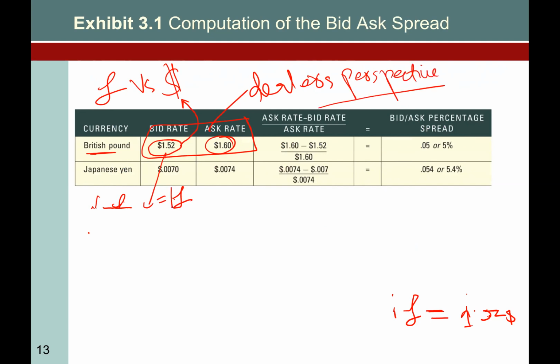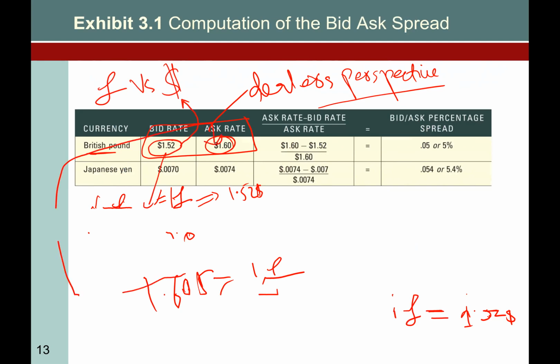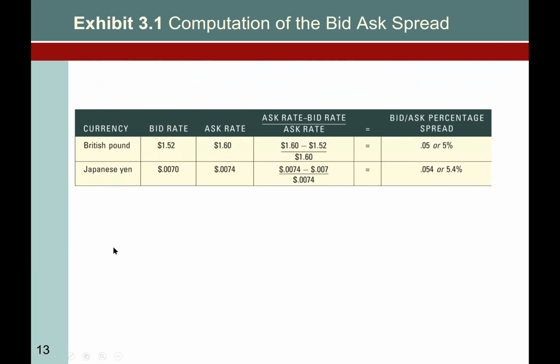For you, it is a sell, so you will get the bid rate 1.52. And if you want to buy pound, how much do you have to give? 1.60 dollar to get 1 pound. So this is the ask rate.